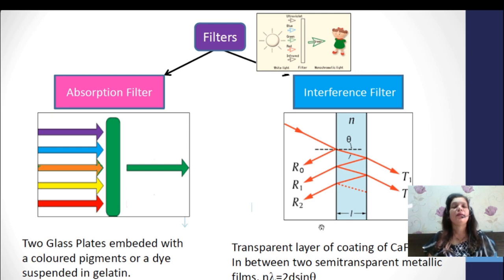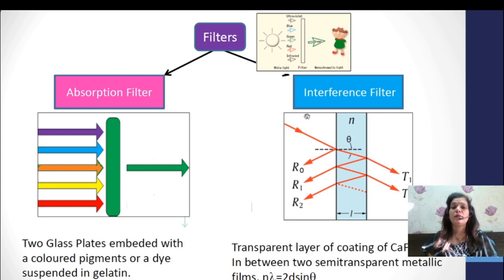n lambda equals 2d sine theta, where d is the distance between the plates, n is the refractive index of the solution you utilize, lambda is the wavelength, and theta is the angle of incidence we have utilized. So if the angle of incidence changes, we can change the wavelength, or if the distance changes, we can get a different wavelength.